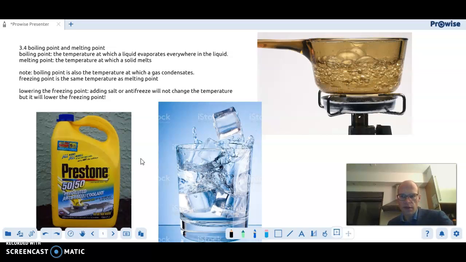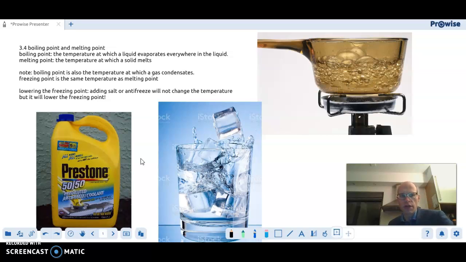If you add salt to ice on the road, or antifreeze to the washer fluid, we do not change the temperature, but we change the liquid, and so we can change the boiling point or the freezing point, and that is a property of a substance. So if we lower it, then it will be a liquid at a lower temperature.